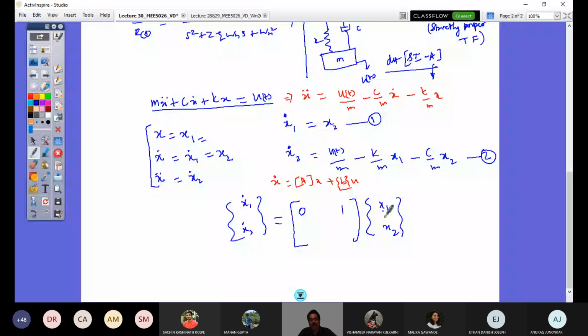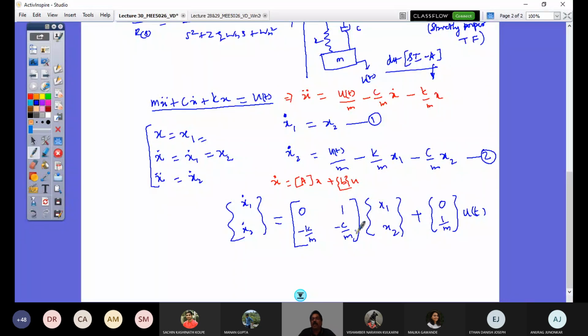Then in the second equation, we look at u of t. What is the coefficient? 1 by m. And the x1 coefficient is minus k by m, and minus c by m. So now this is my 2 by 2 state matrix.